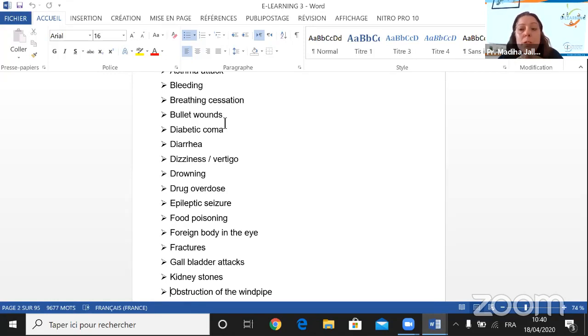Breathing cessation, when it lasts for minutes, it can cause a heart attack, but it can cause death. Really, we think of death usually when breathing cessation lasts for, let's say, 10 minutes without medical treatment. This will lead to death within minutes.